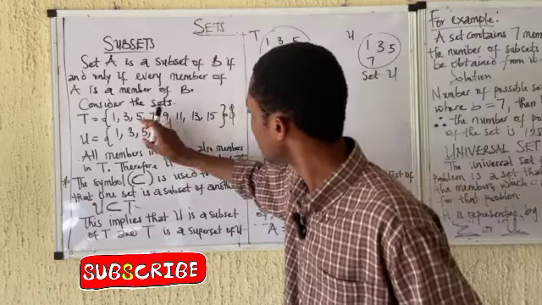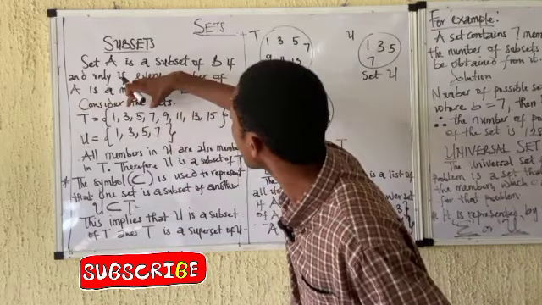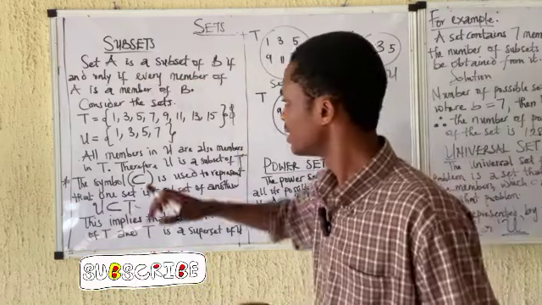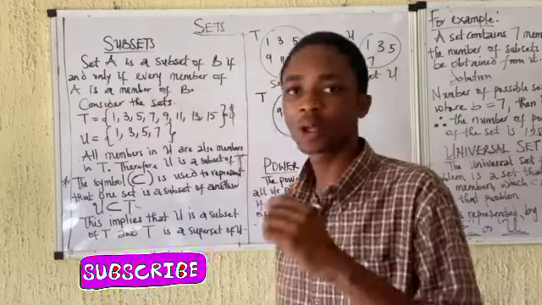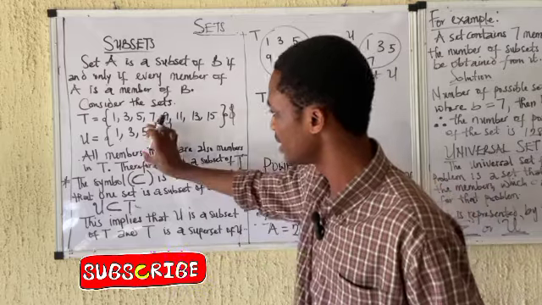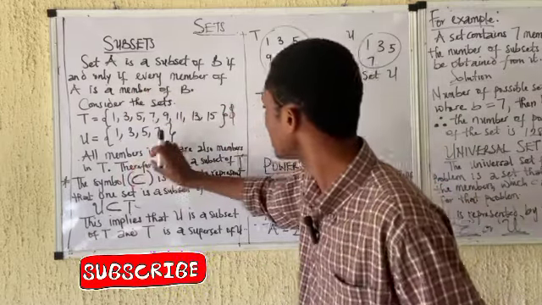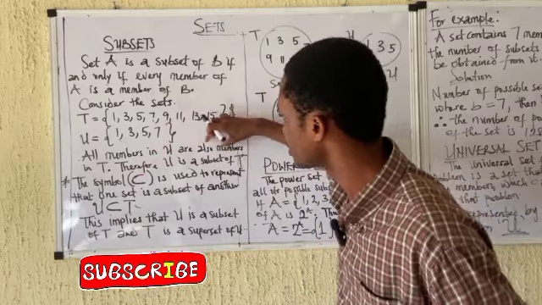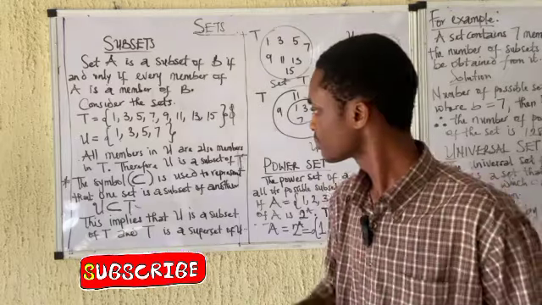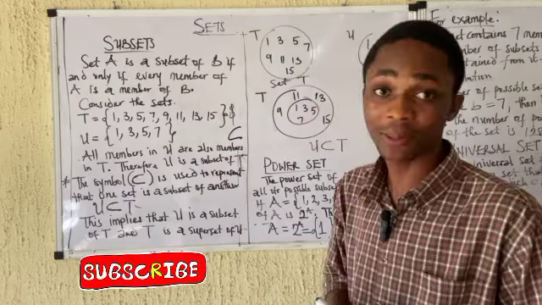Now, as you can see, all the elements that are in set U are already in set T. That is to say that U is a subset of T, because the elements in U are already in T. All elements in U are also members of T. Therefore, U is a subset of T. This symbol is used when dealing with subsets.